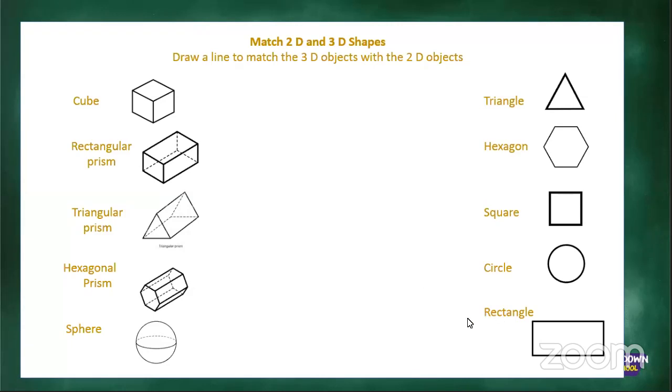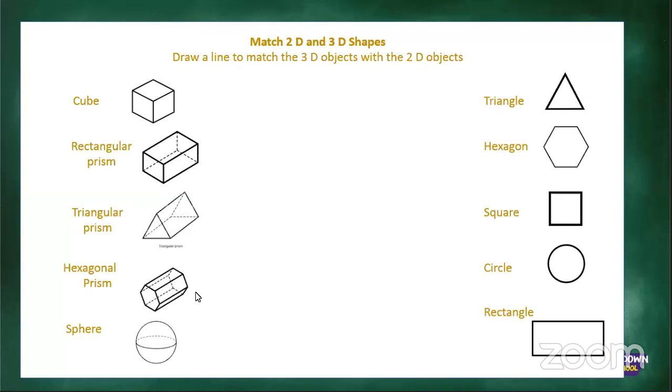That is correct. Now we're looking at the third one. Zamile. The triangular prism goes to the triangle. So you draw a line from here to here. Thank you so much. All right.